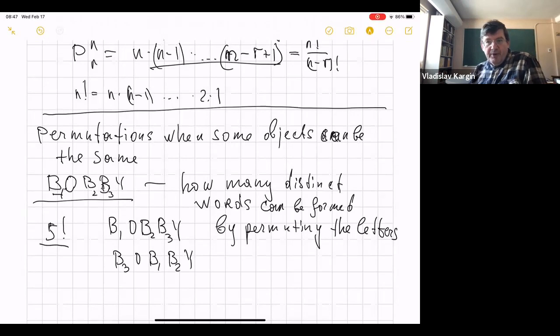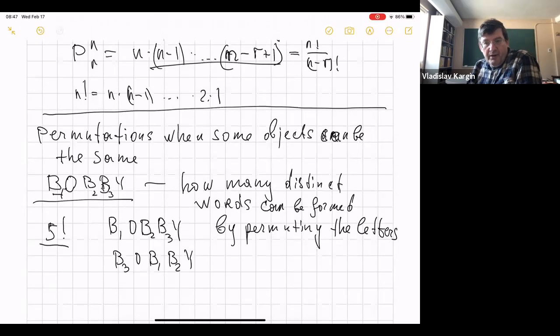Right? So it's a permutation inside the set of the B's, and it actually doesn't change the word. And we see how many ways there are to permute these 3 letters, with 3 B's. It's 3 factorial, right?